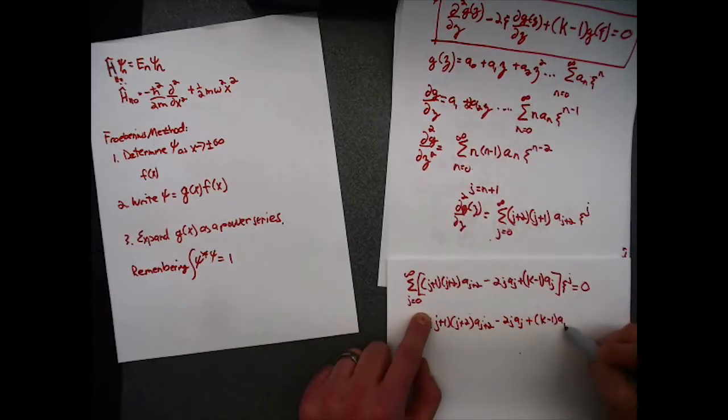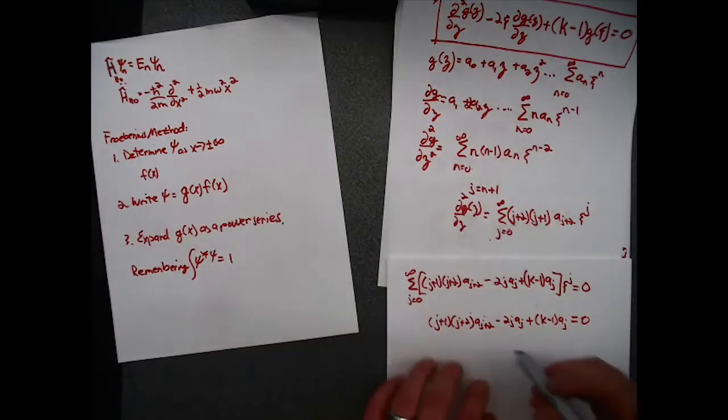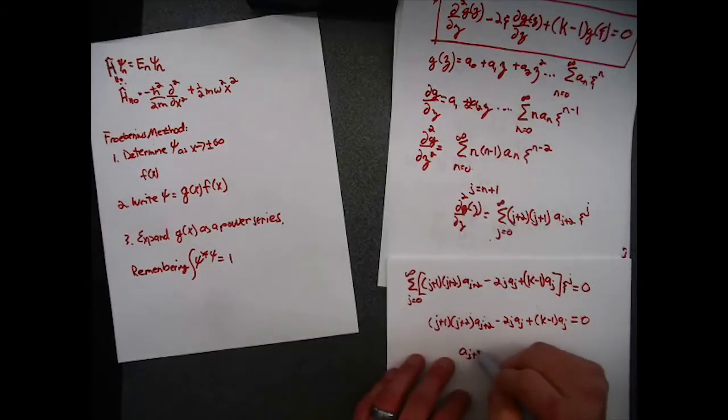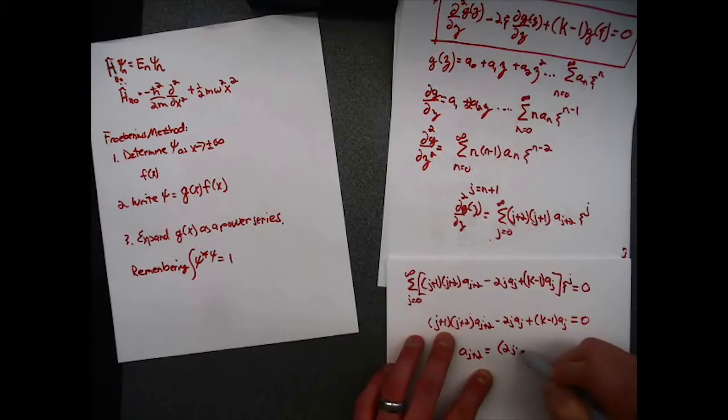And we can therefore write a sub j plus 2 as a function of a sub j. It's going to be equal to 2j plus 1 minus k divided by j plus 1, j plus 2, all of that times a sub j.